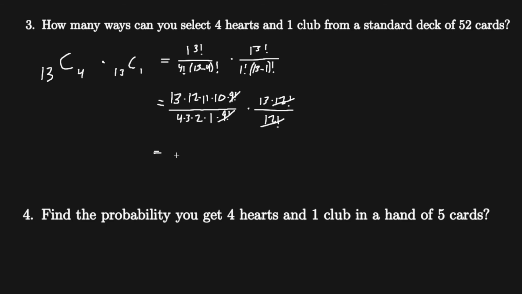And then on the left-hand side, 4 times 3 is 12, so the 12s cancel out. The 2 cancels out with the 10, remaining with 5. Then we get 13 times 11 times 5, times just 13.